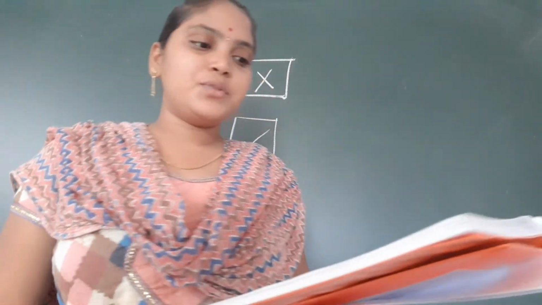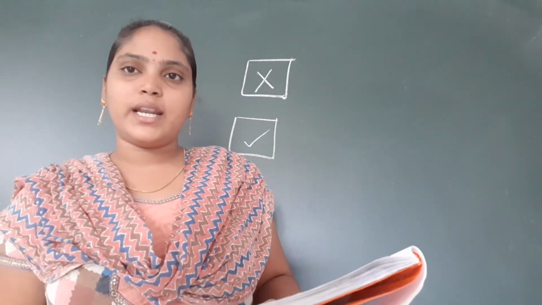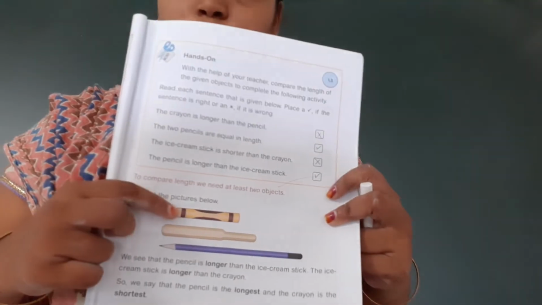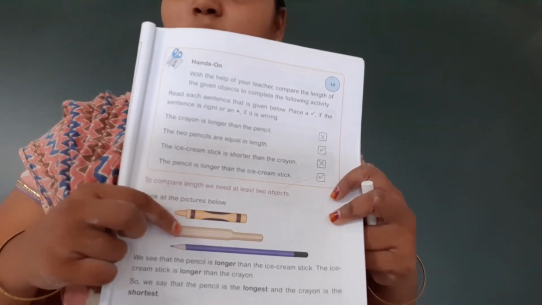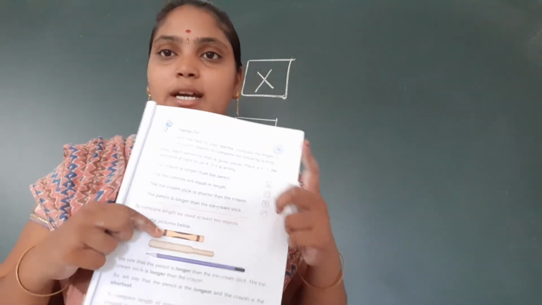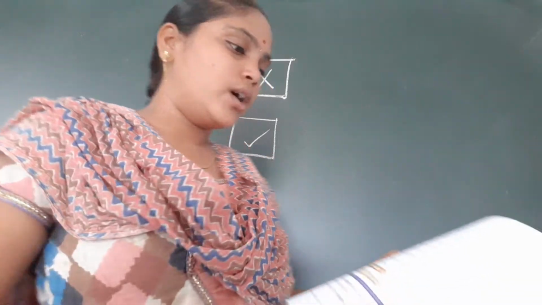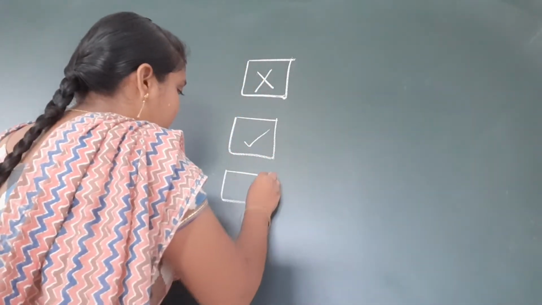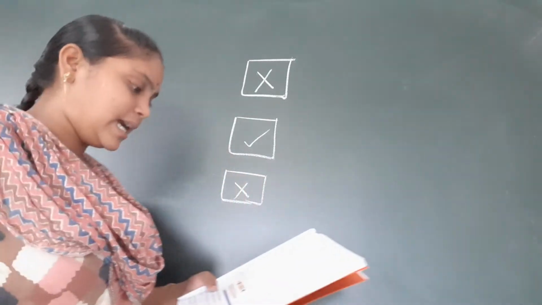Then, the ice cream stick is shorter than the crayon. Is this correct, children? No, the ice cream stick is longer than the crayon. Yes children, the ice cream stick is not shorter. It is longer than the crayon. So here you have to put a cross. Next, the last one.